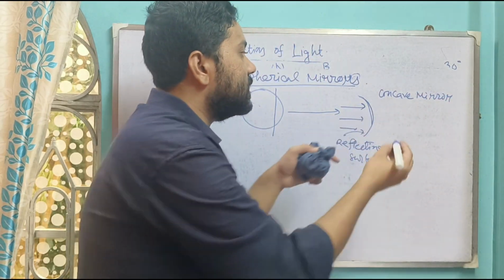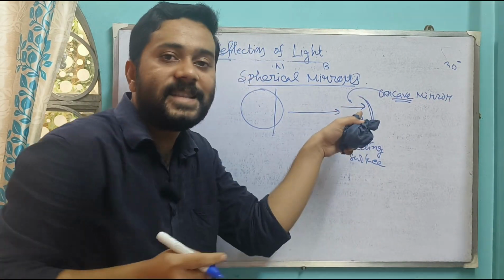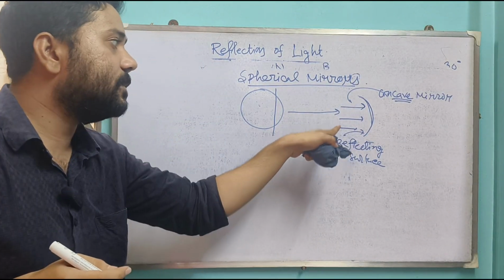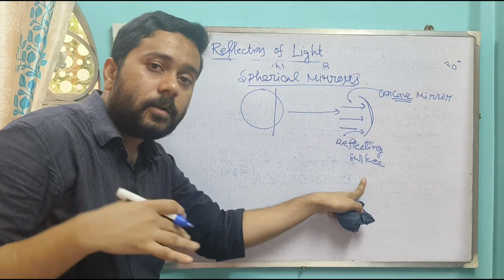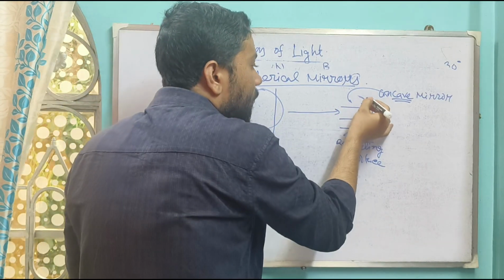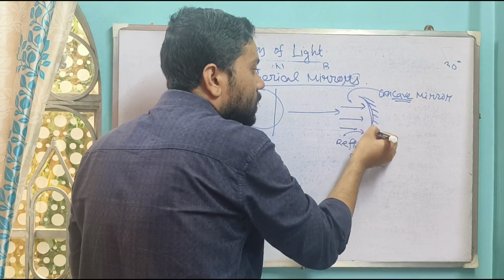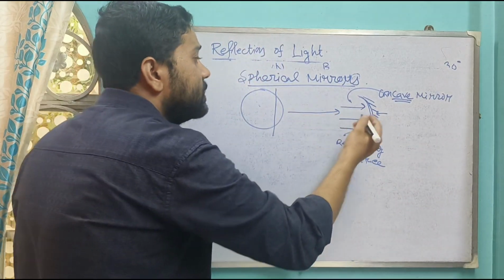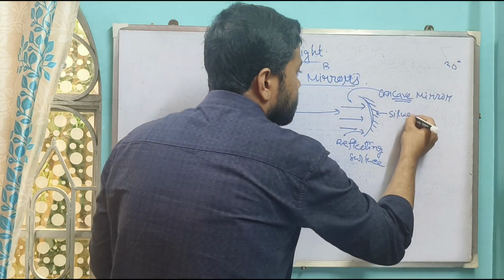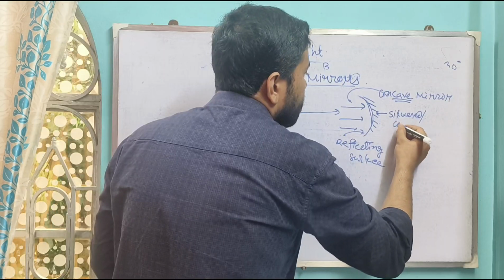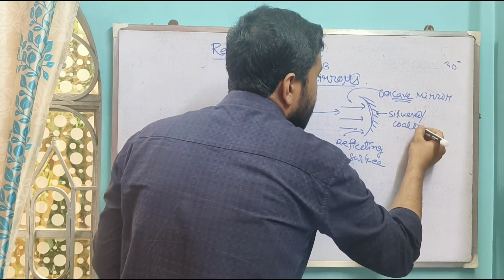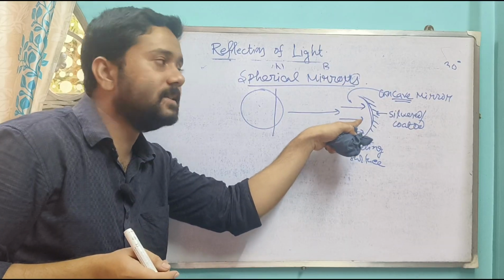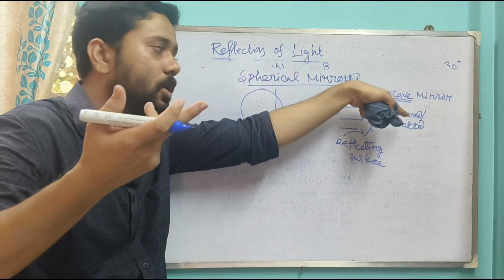As we are using the cave portion, the curved inward portion, as the reflecting surface. The outside portion, or curved outward portion, is silvered or coated. So this is called a concave mirror.